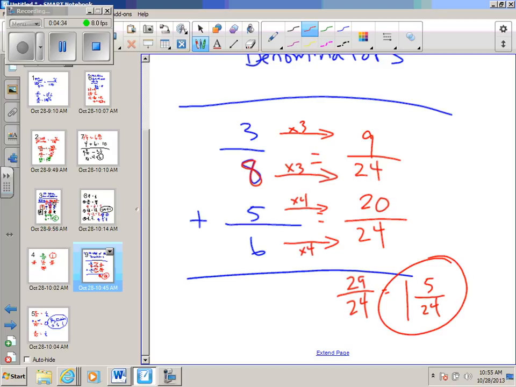Okay, so we need common denominators of the multiples. If we use the 8 and we start thinking of the multiples of 8, is 8 a multiple of 6? No. 16, 24. We started listing through the multiples and we said, well, if I have the multiples of 6, I've got 12, 18.